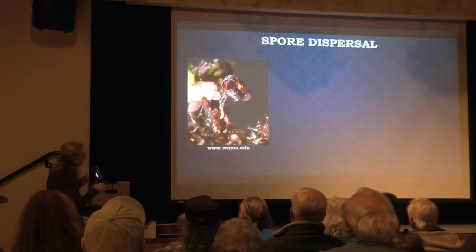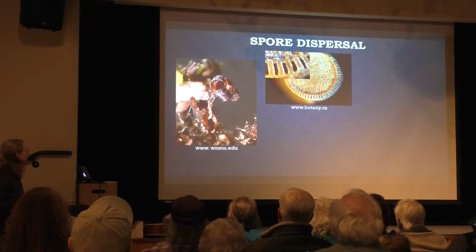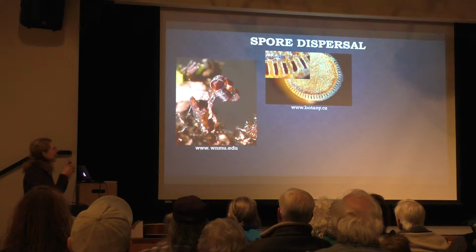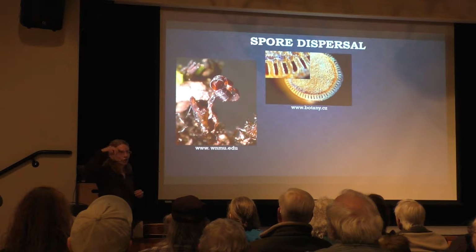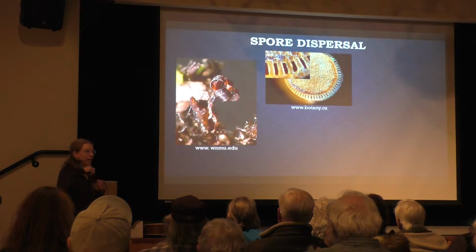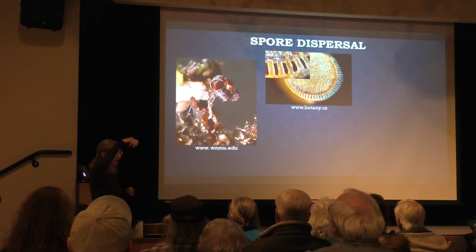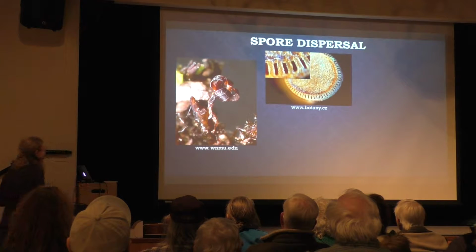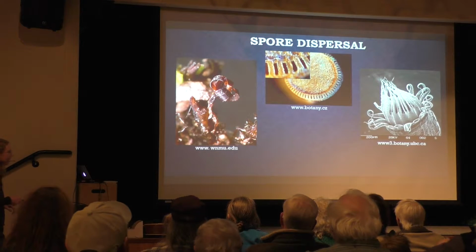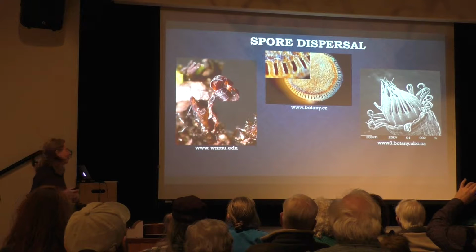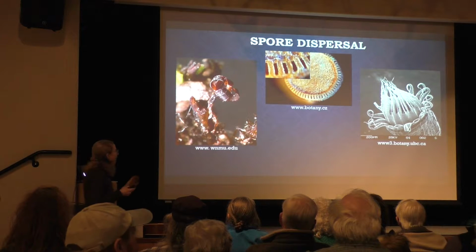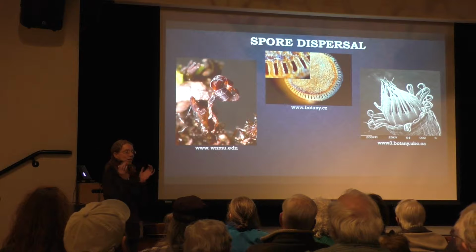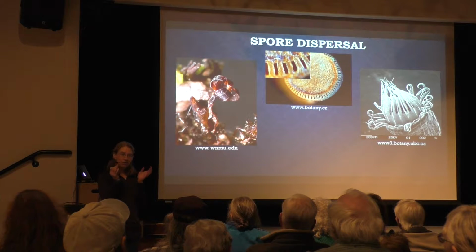Kind of the next more advanced stage is you have some slits in the capsule and it's more like a salt shaker. Hydration and wind action move the capsule around and it sprinkles its spores out. You get a little more sophisticated and you have teeth. These are called peristome teeth, and these are really susceptible to different levels of humidity.